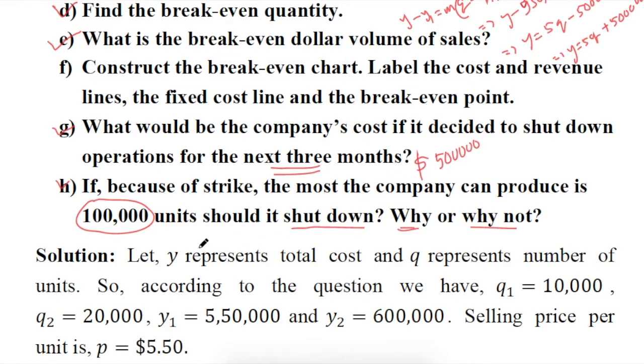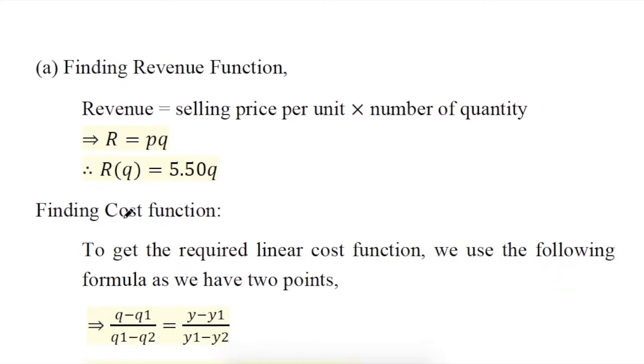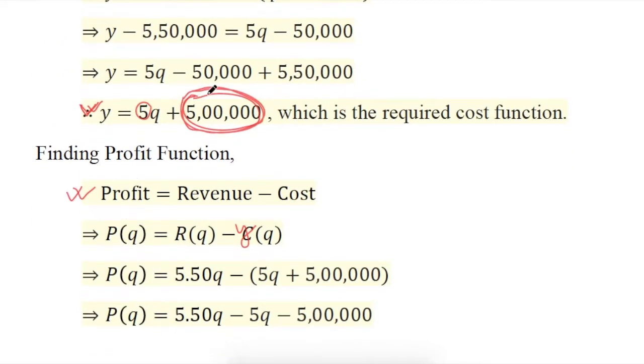But if somehow because of a strike the company can produce 100,000 units, it's a positive sign. Why would the company need to shut down? It's not needed, because 100,000 units will make up for your total loss. 500,000 is the total loss without operation.